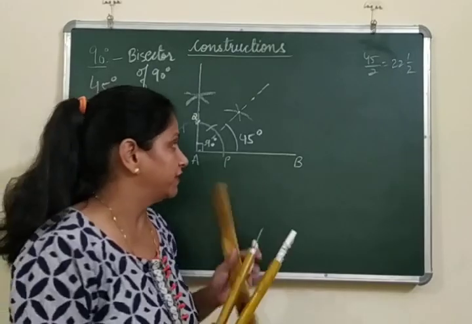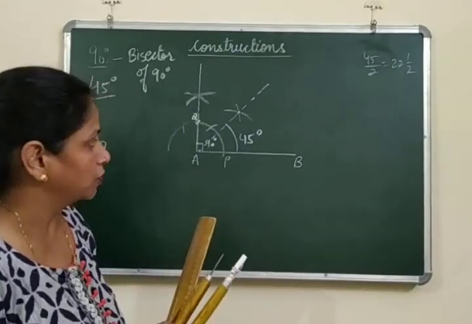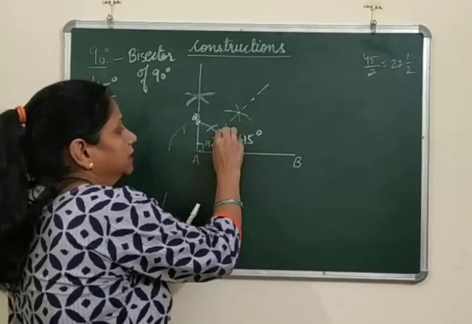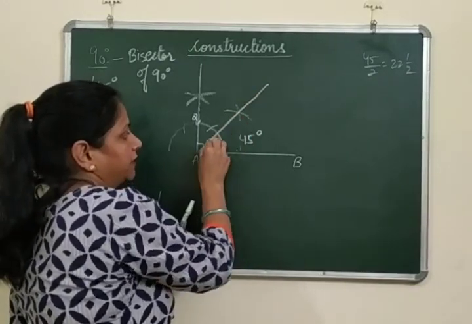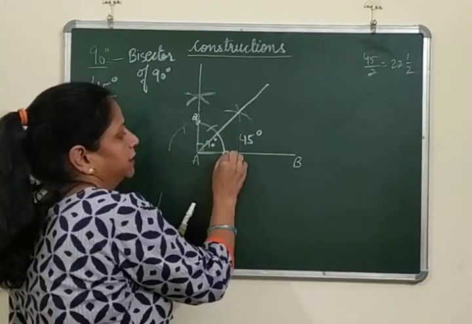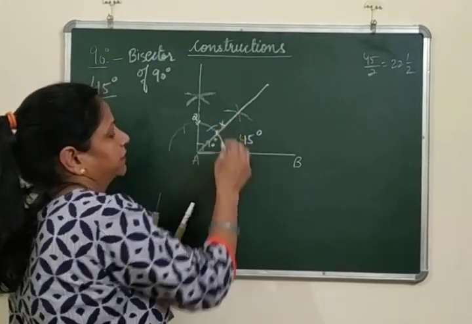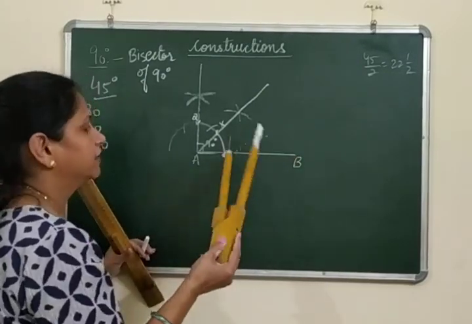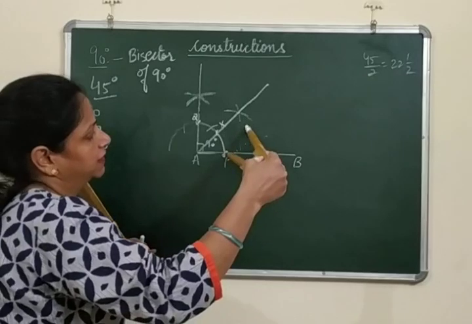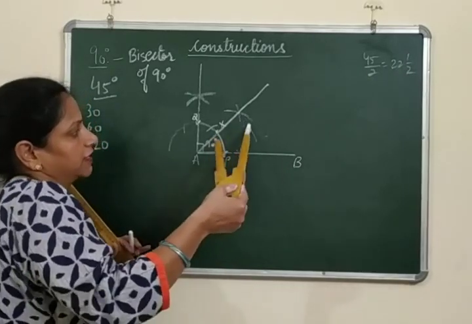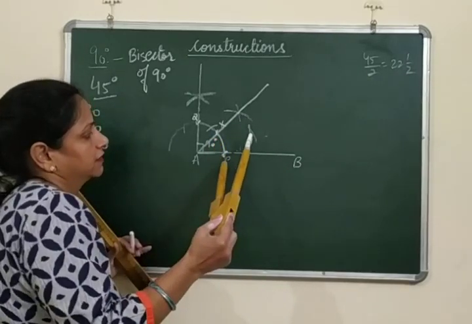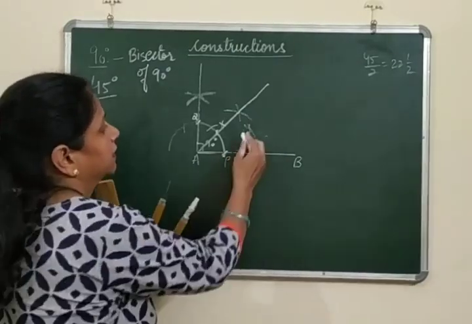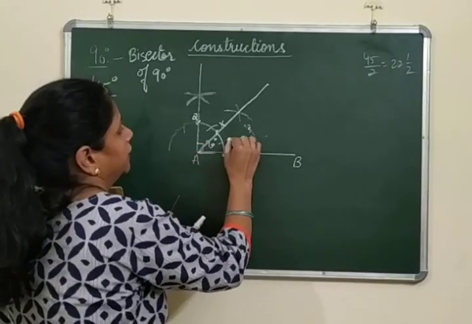For that, we will have to make the angle of 45 degree first, and after that, with the 45 degree angle, the 2 points, this is the angle of 45 degree like this. Now these are the 2 arcs P and you can make it X. Now we will keep the compass on P and X, and then with any radius but it should be same for P and X, we make an arc like this, we cut this arc like this, we get the point, this is the point, and then we join A to this point.